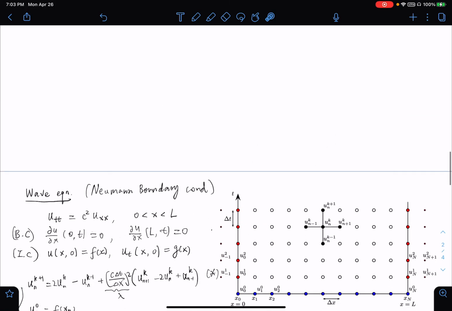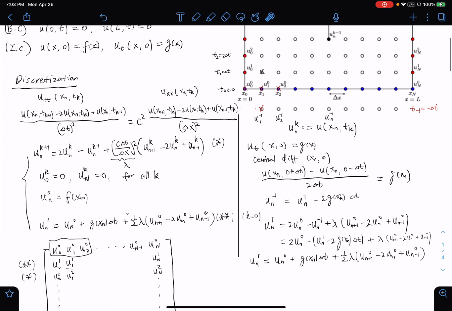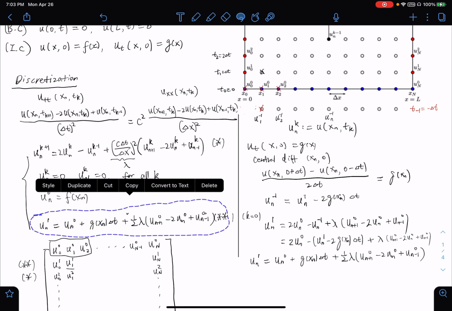Right? In other words, this value can be determined by these three values. This value can be determined by these three values. So again, we have this recursion formula for the first time step.